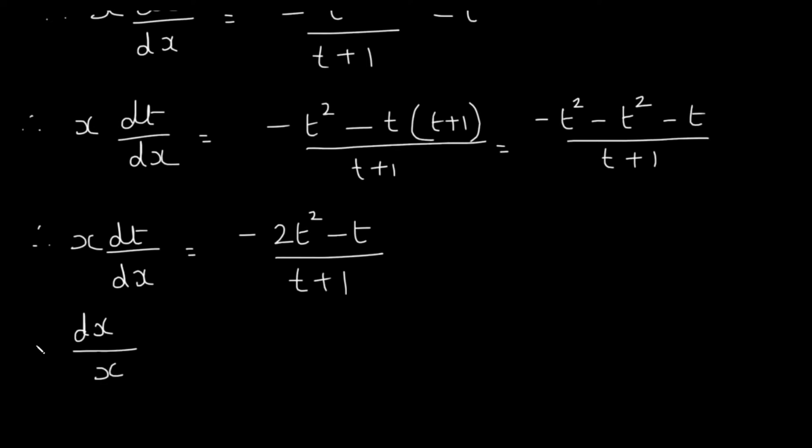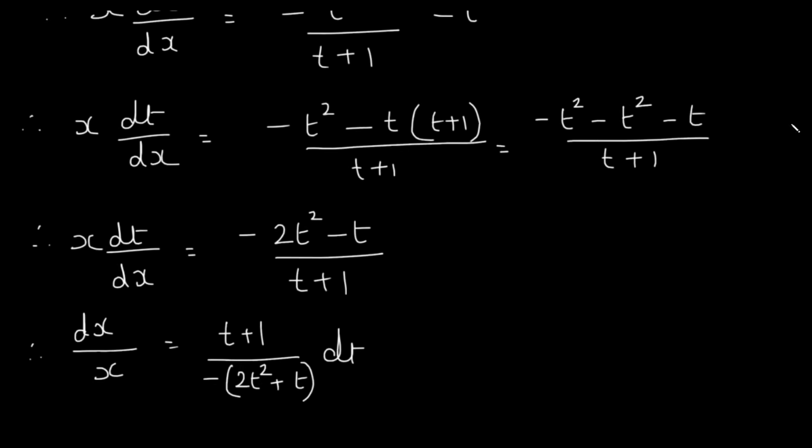So dx upon x is equal to, now we bring this fraction on the LHS. When we bring this particular fraction minus 2t square minus t upon t plus 1 to the LHS, it becomes a reciprocal. It becomes t plus 1 upon minus, let us keep the minus sign common over here. So we get 2t square plus t dt.